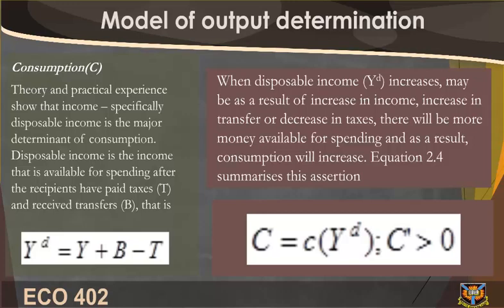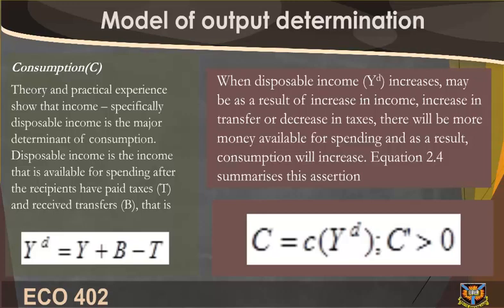Disposable income is the income that is available for spending after the recipients have paid taxes T and received transfers B. That is, when disposable income increases, maybe as a result of increase in income, increase in transfer, or decrease in taxes, there will be more money available for spending, and as a result, consumption will increase.